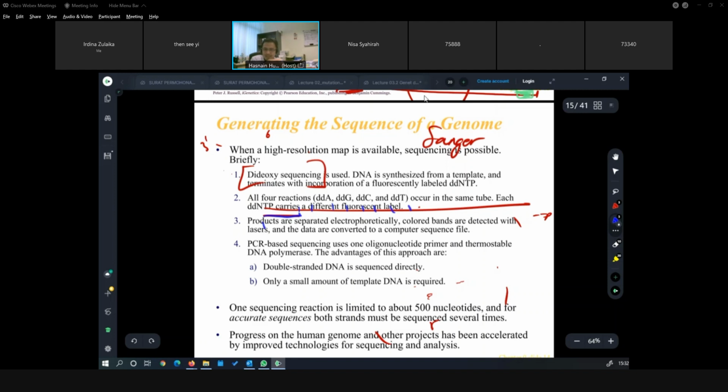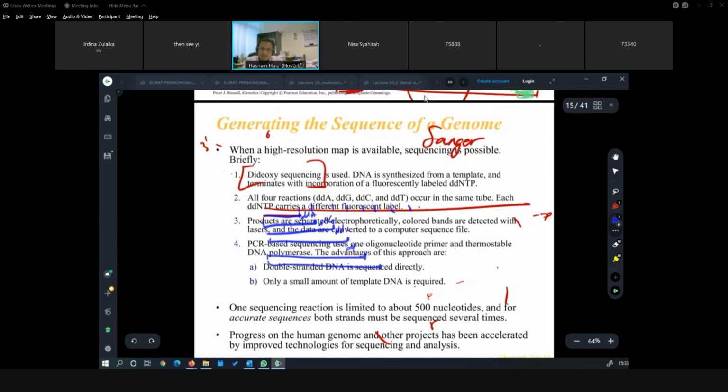So this one will be this, and then this, and then this, because the polymerase cannot add any more because of the dideoxy. So it increases by one nucleotide resolution. If the dideoxy nucleotide added here is DDA, for example, this one is DDG, this one DDC.